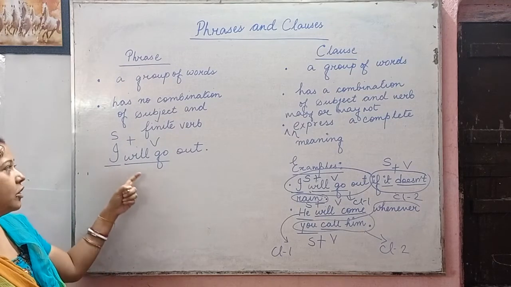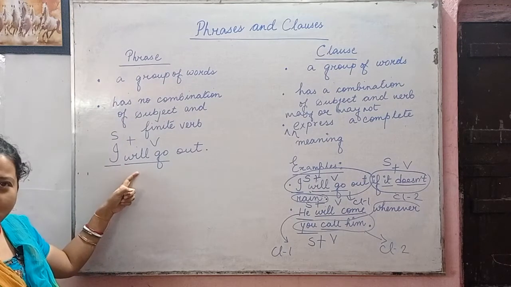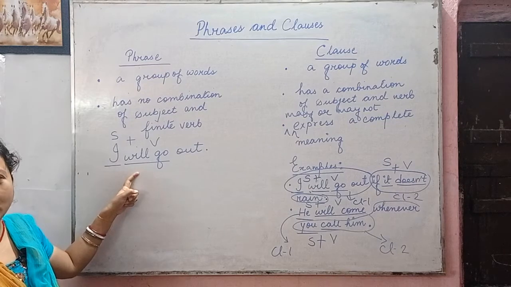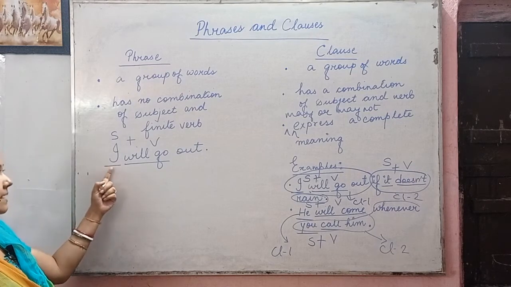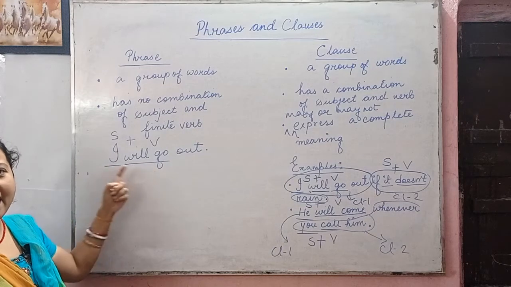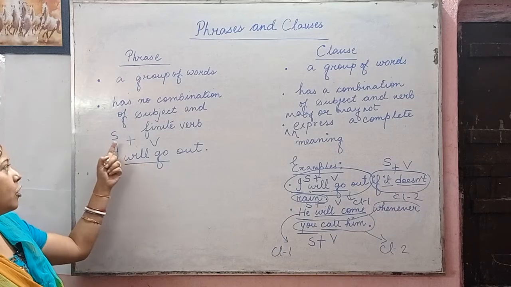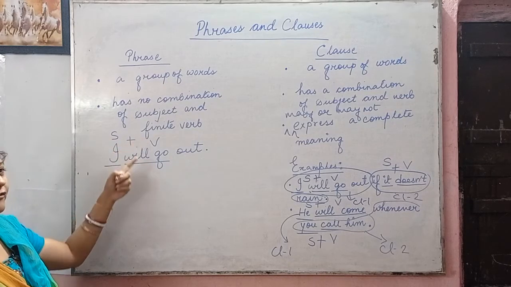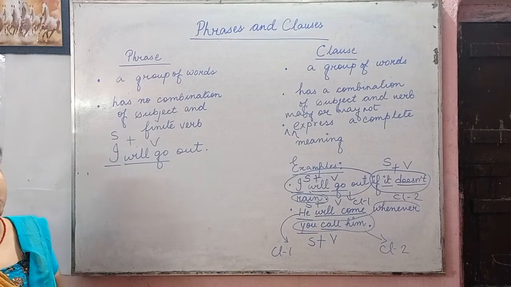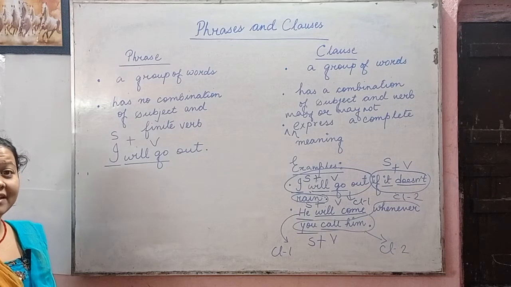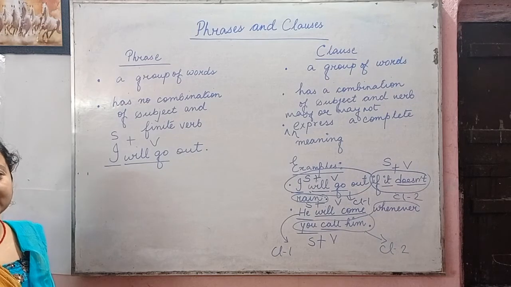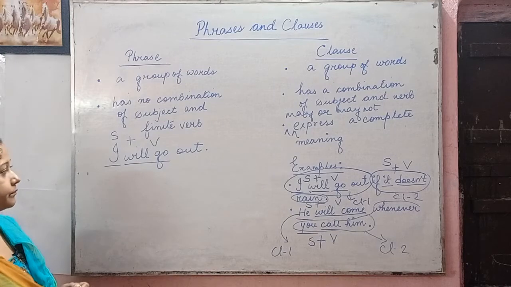So can we call this a clause? Yes, it is a clause. Why? Because we have got the combination of subject and verb. I is the subject, will go is the verb. Now let us see, does this clause express a complete meaning?